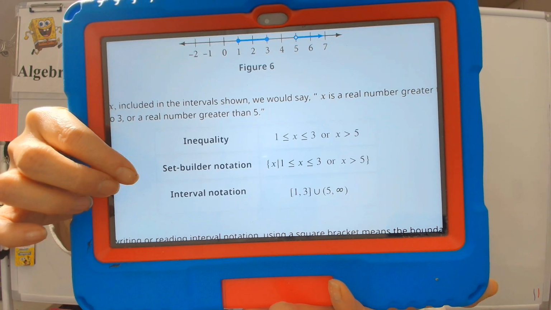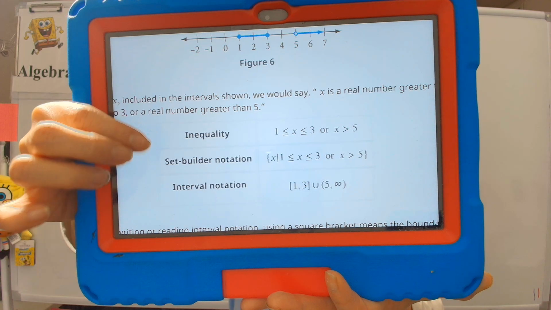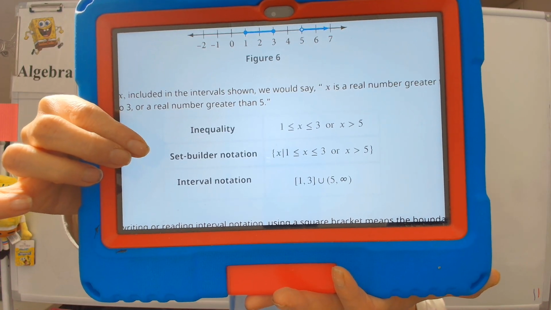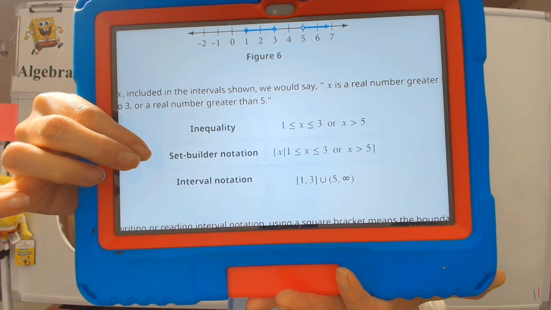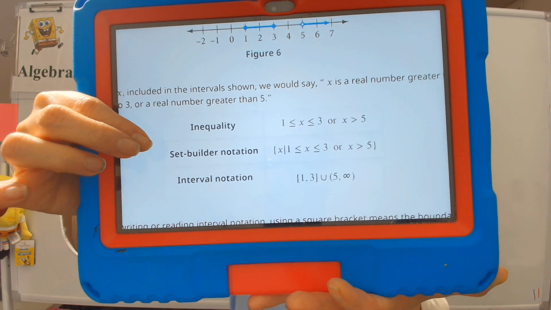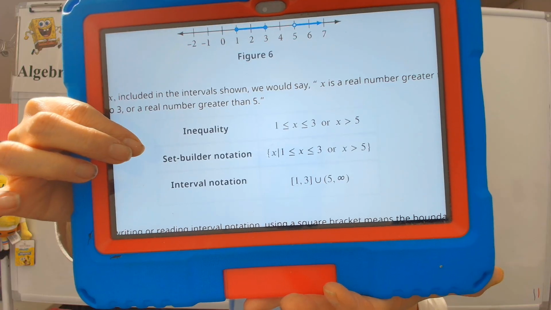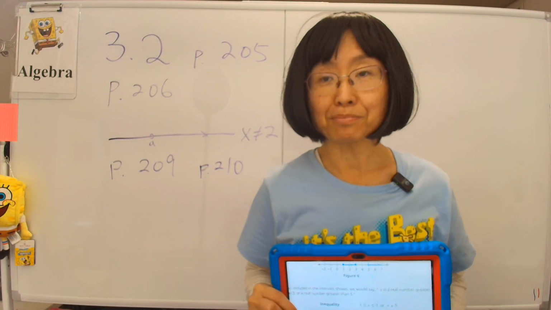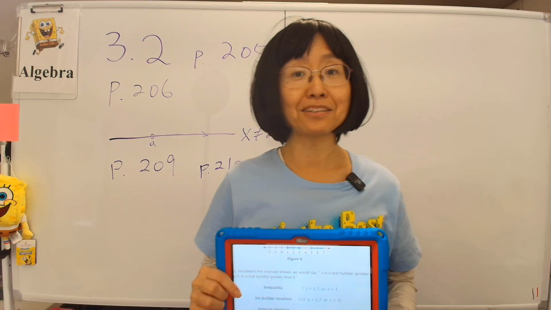That's it. Another way of saying it is the same as this, except you draw a brace around it and write down x and write down the vertical line. So this thing reads as the set of all x such that 1 is less than or equal to x less than or equal to 3, or x is bigger than 5. Okay, that's what that sentence says. It's not that important if you know how to read it, just know what it means.